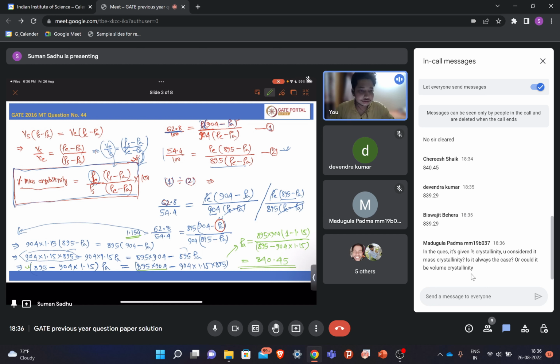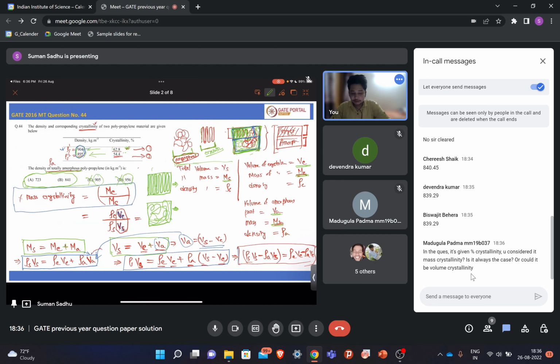Okay, so your question is, it is given percentage of crystallinity, you consider it as mass crystallinity. Crystallinity is basically defined in terms of the mass crystallinity only. So volume is not a way to define that percentage.